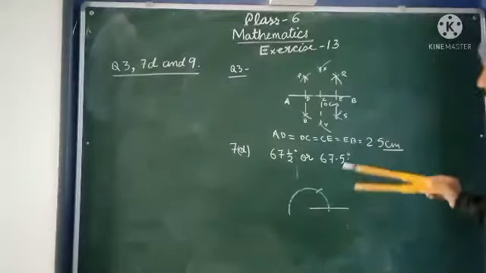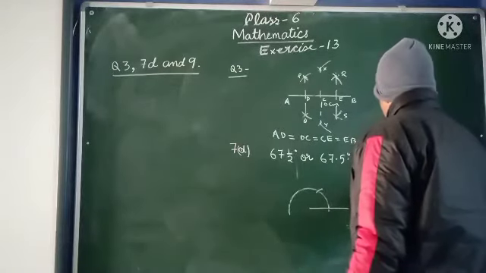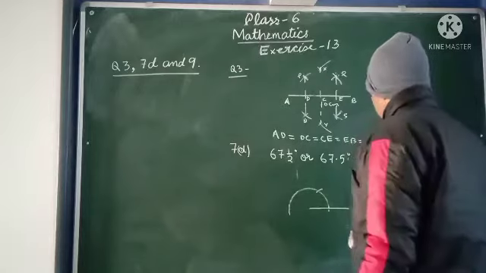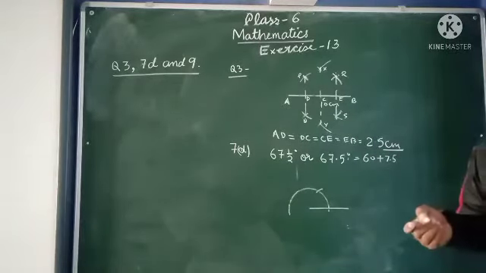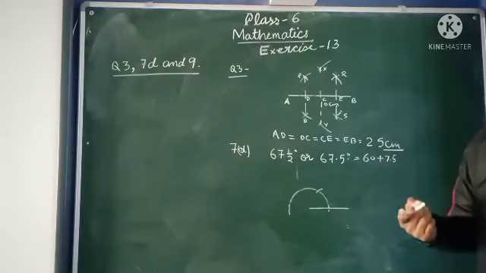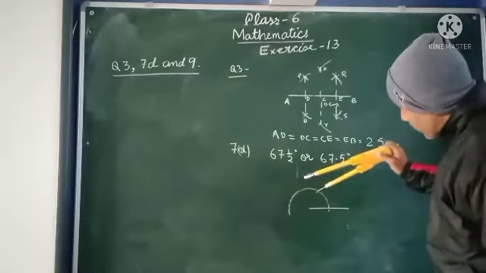Then we want 7.5 degrees more, which means it can be written as 60 plus 7.5. 7.5 is half of 15, 15 is half of 30, and 30 is half of 60. So first of all we will draw another 60 degrees.